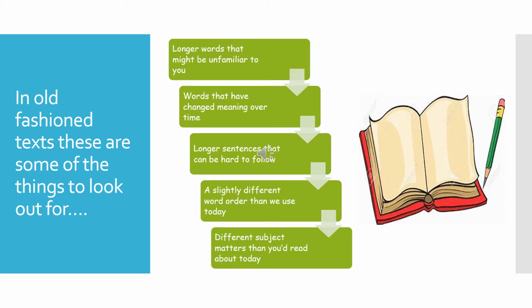Longer sentences are quite characteristic of older texts, where the punctuation was a lot more commas than full stops, exclamation marks, and so on. And sometimes you might come across a slightly different word order. The subject matter as well, given that they were written when the world was very different, is also different from what you'd come across today.